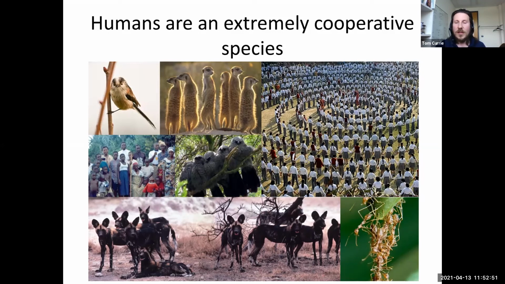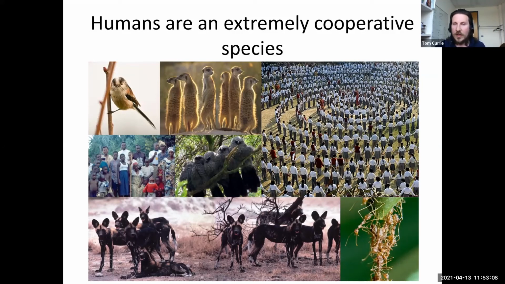But when we compare human societies to other species, a big factor is that we're an extremely cooperative species. We have groups that are cohesively organized in very large numbers.